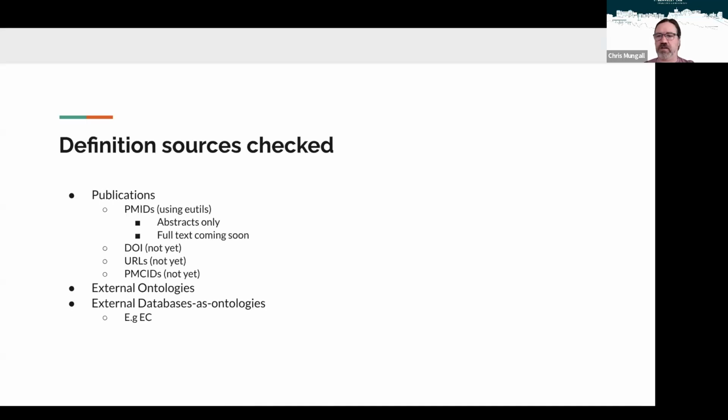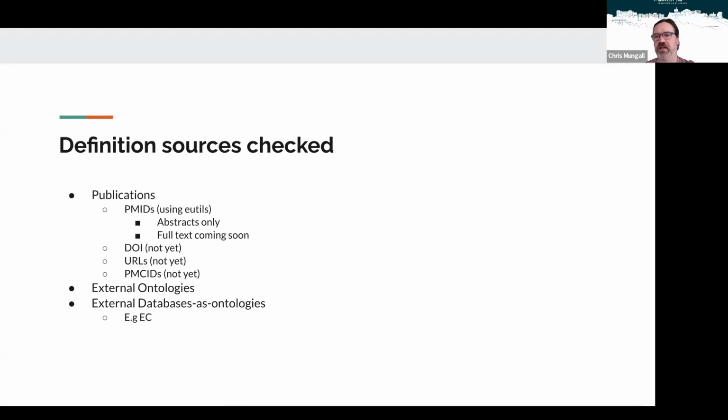It will also make use of external ontologies and external databases. This is a not uncommon pattern where, for example, in the GO, we will use EC or Rhea as a definition source for reaction definitions. So it can make use of both external ontologies and external databases.